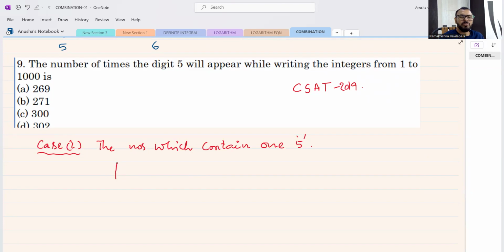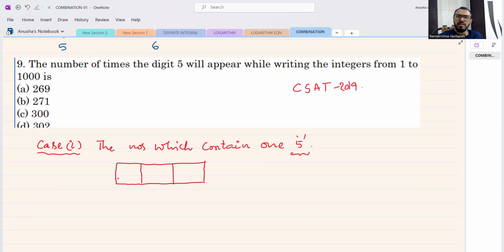Again, I will use the box system. Maximum is a 3-digit number. Now, first you have to place the 5 in one of these 3 boxes.